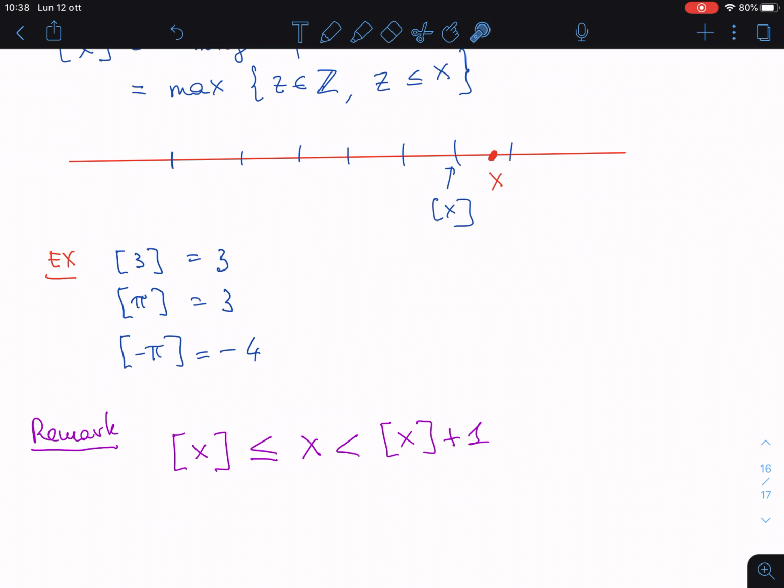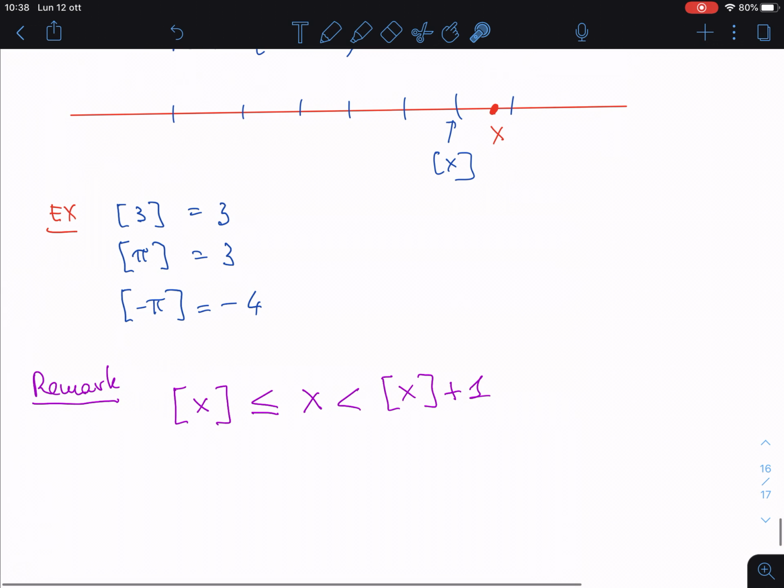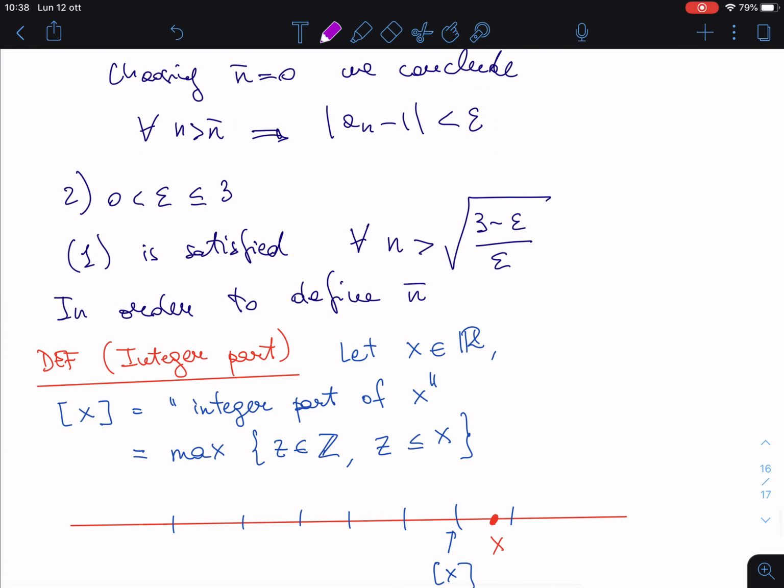And now let us go to our previous exercise. So we consider n bar. We must feed n bar with an integer number. This is why I do all this messy thing, the integer part. But it is very simple conceptually. I repeat, the idea is that this may be not an integer number, so it cannot be n bar.